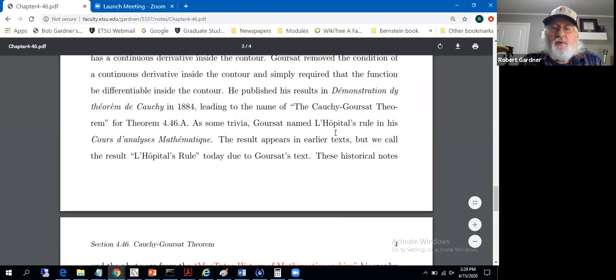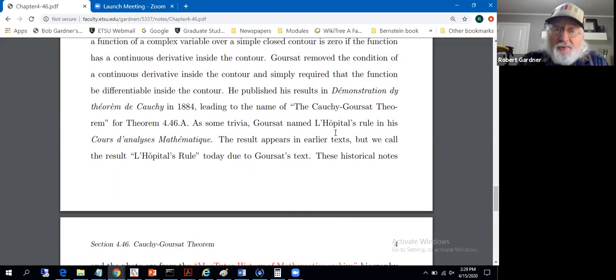He starts referring to L'Hopital's rule as L'Hopital's rule. Maybe other folks thought of L'Hopital's rule before L'Hopital, but the rule we call L'Hopital's rule today, we call it that because of one of Goursat's books. The result about indeterminate forms and limits of indeterminate forms.